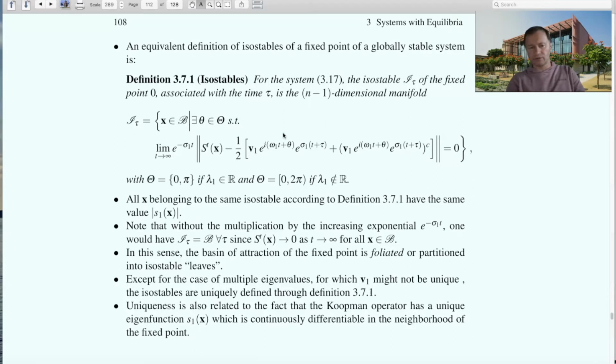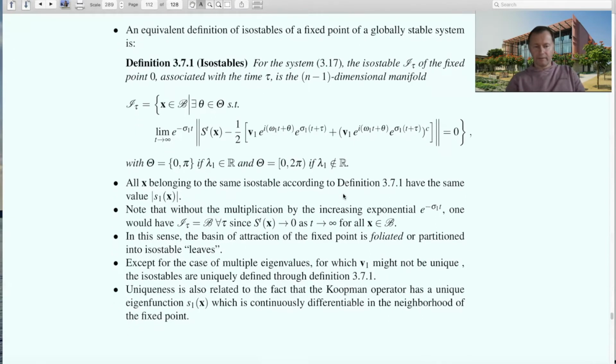That's the complex conjugate of this whole term over there. So obviously, if you have 2 points that have exactly the same value of the Koopman eigenfunction, then they would satisfy this in exactly the same way, and the other way around.